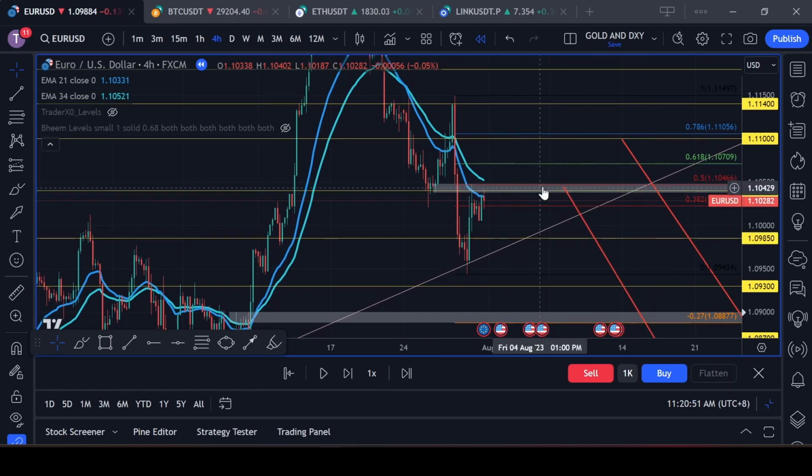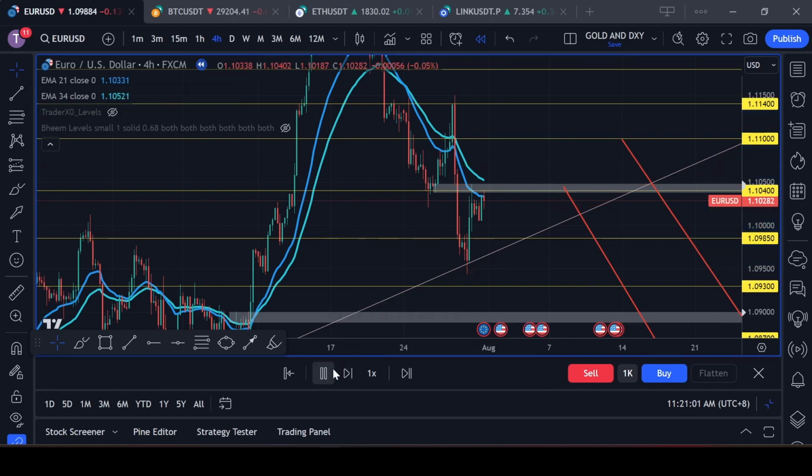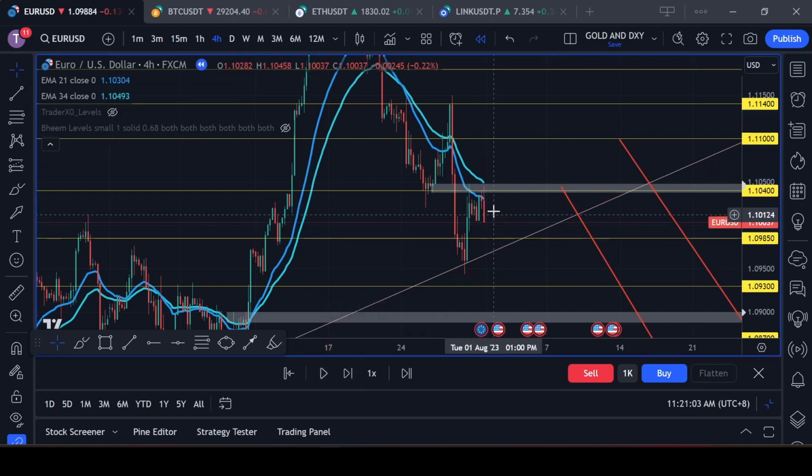Usually if price reaches the 0.5 or the 0.618, that will be a potential area of interest as well. So with that, let's play it further.